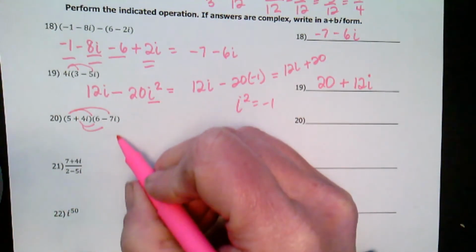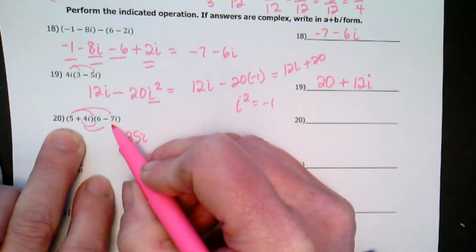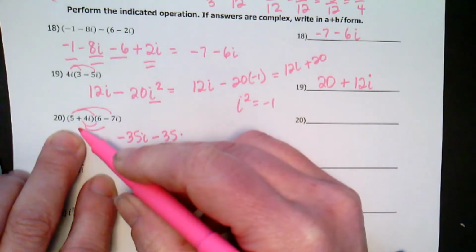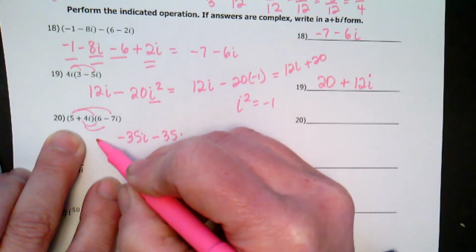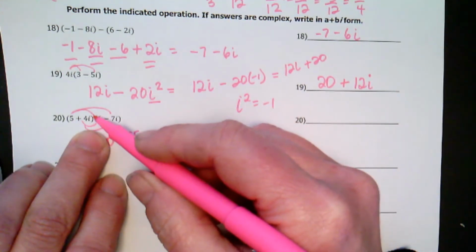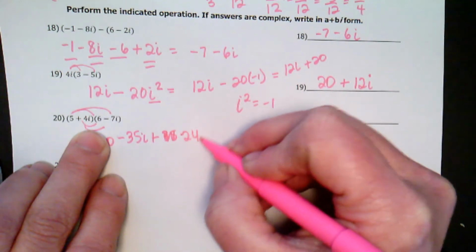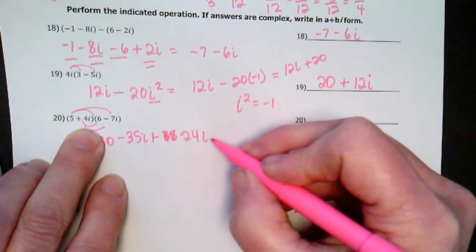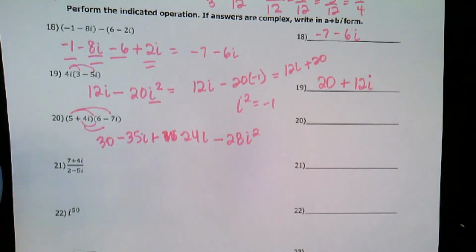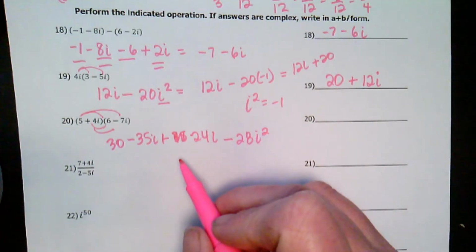Alright, 20 is a FOIL problem. First is positive 30. Outsides is -35i. Insides is positive 24i. And then last is -28i squared. So we're going to combine like terms and simplify our i squared.